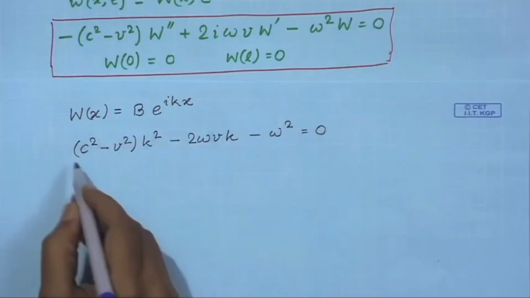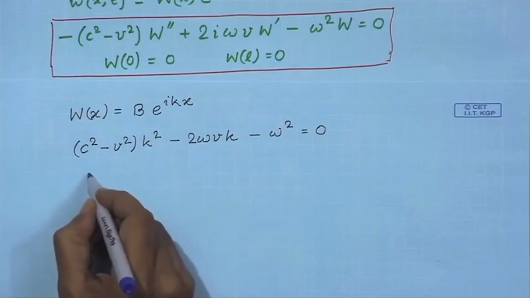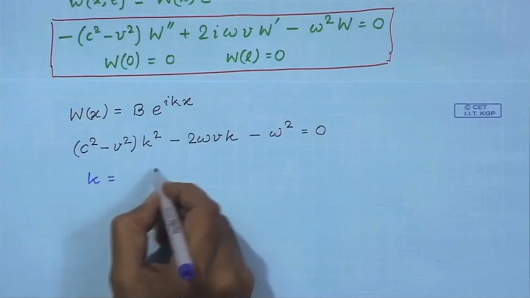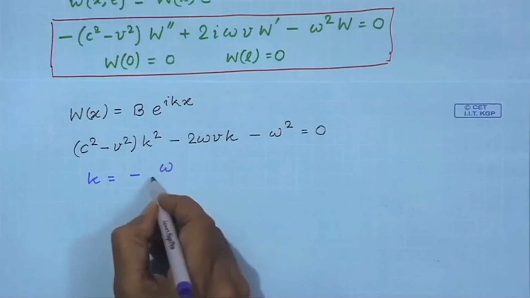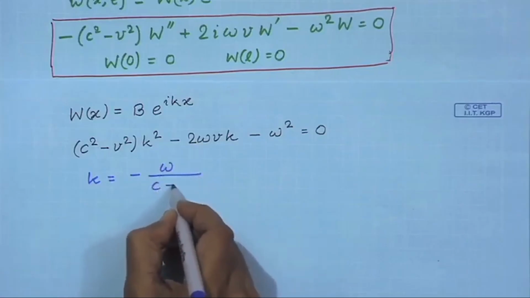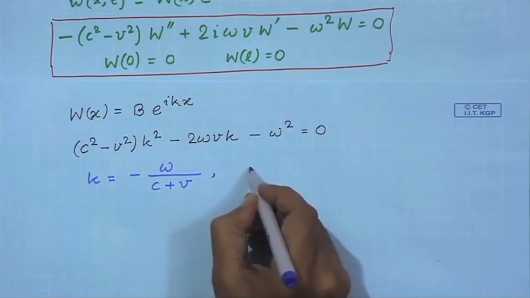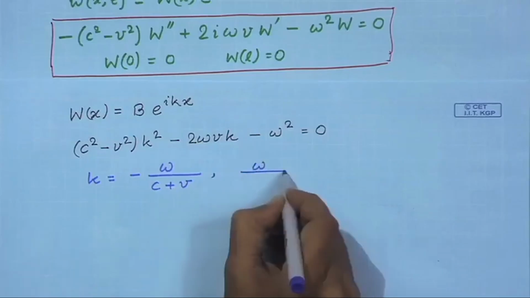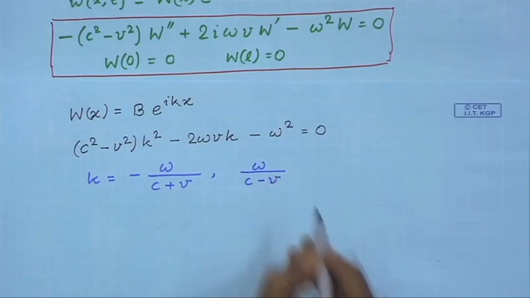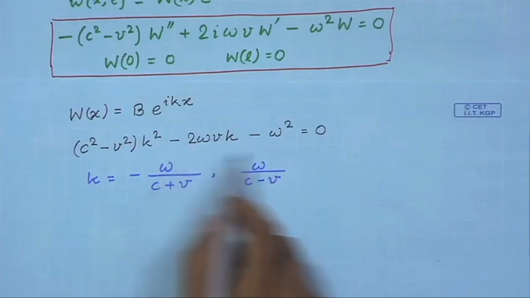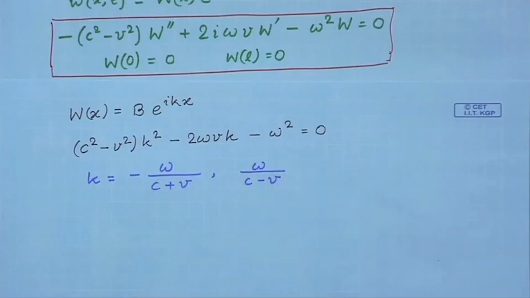So, this quadratic in K can be easily solved, and what we obtain are these two solutions of K. So, from this quadratic polynomial we obtain these two solutions.